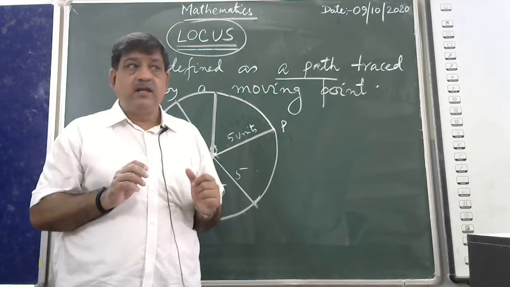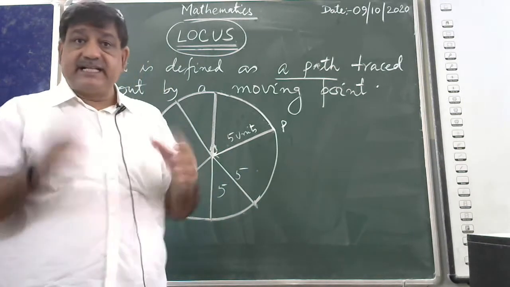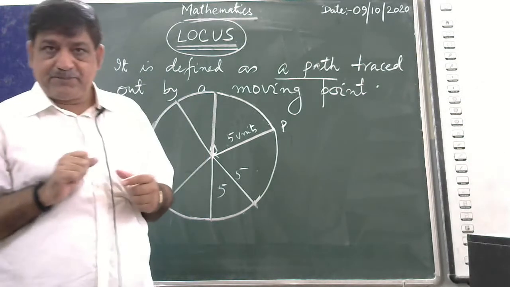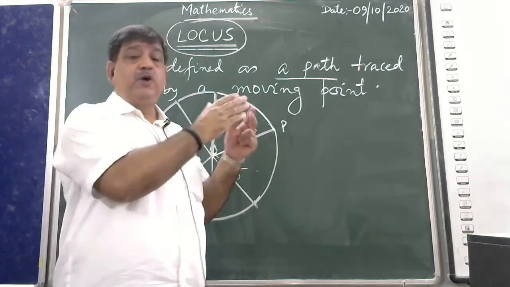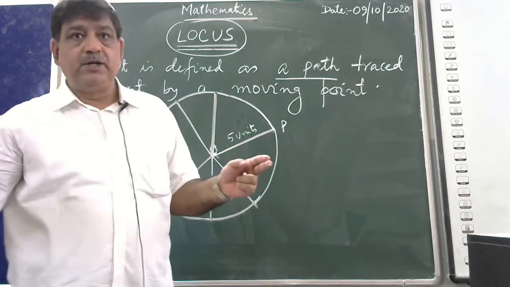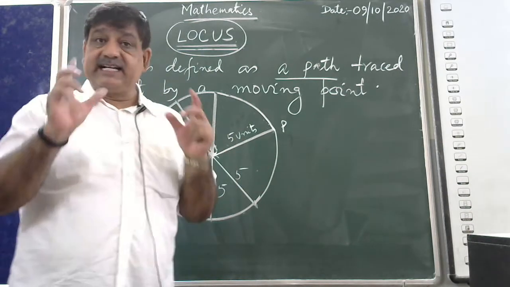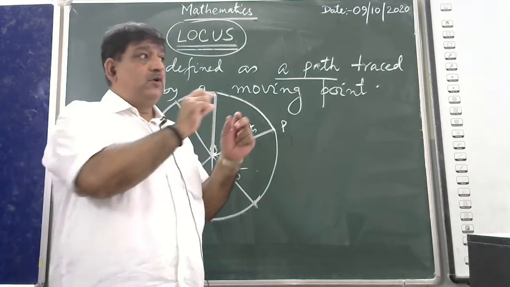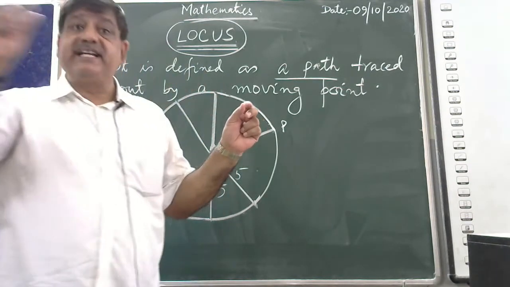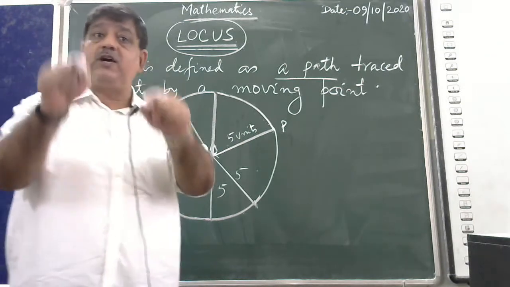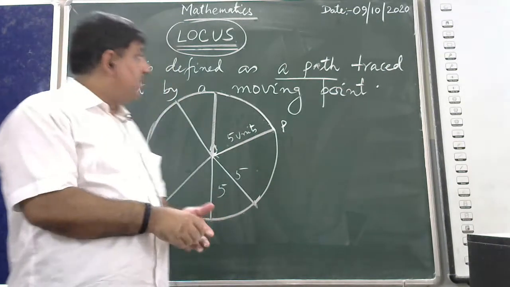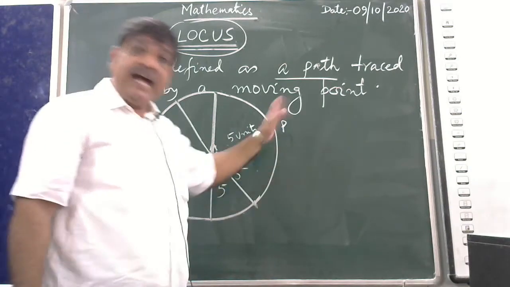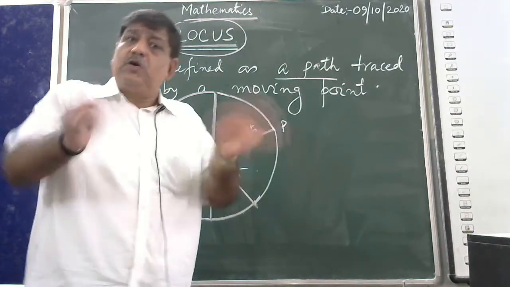If your guardian asks you to go to school, then from your home to school you have a path, and consider yourself as a point. Now, the path on which you will travel will define your locus. So, locus is nothing but a map on Google.